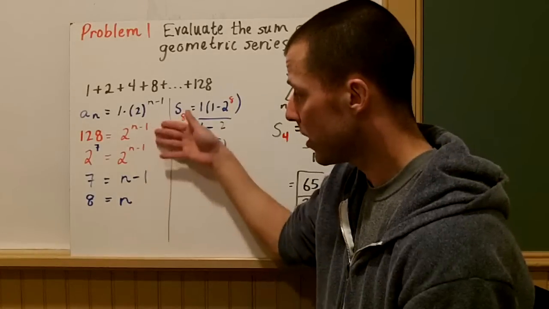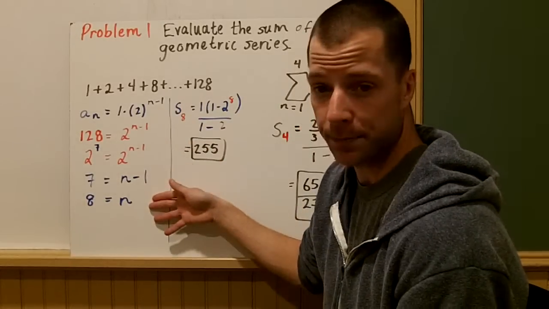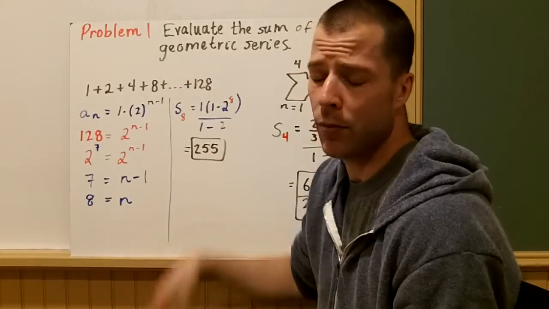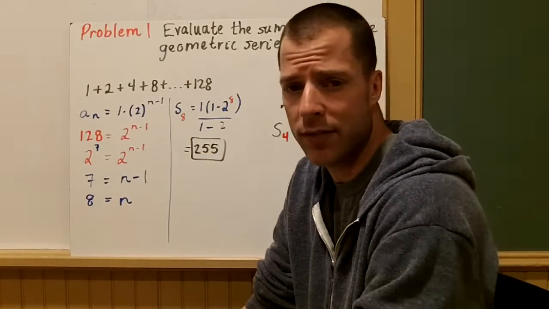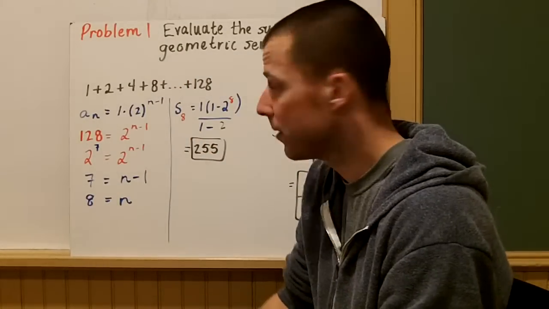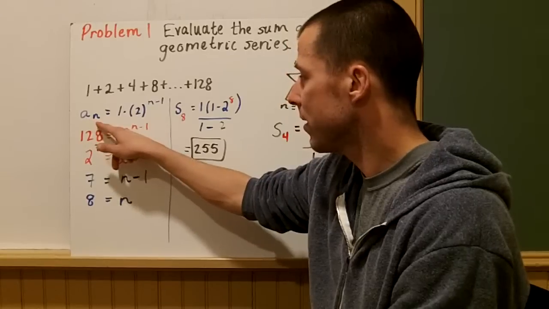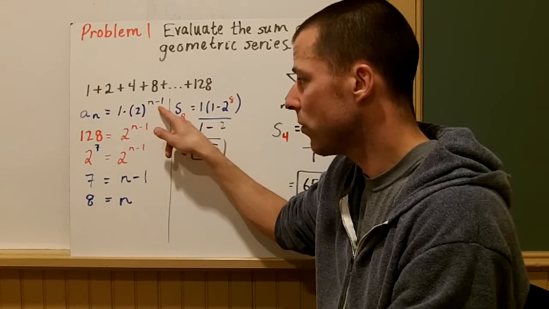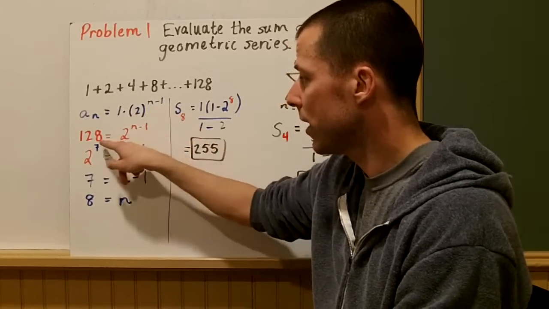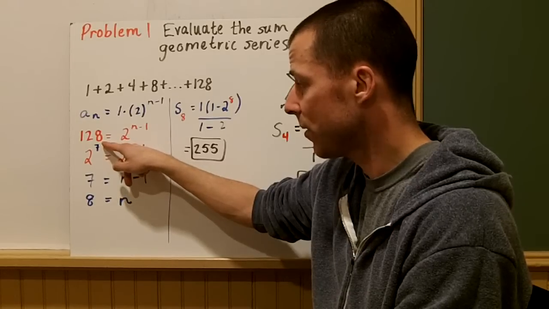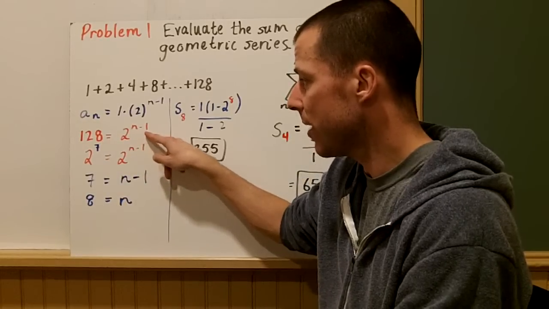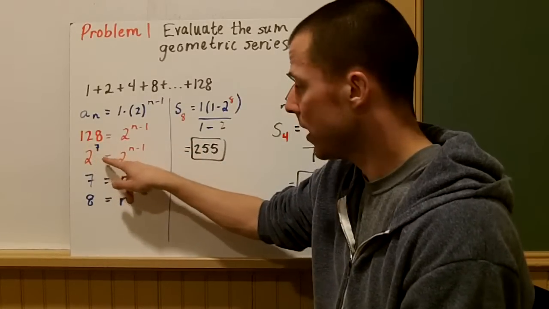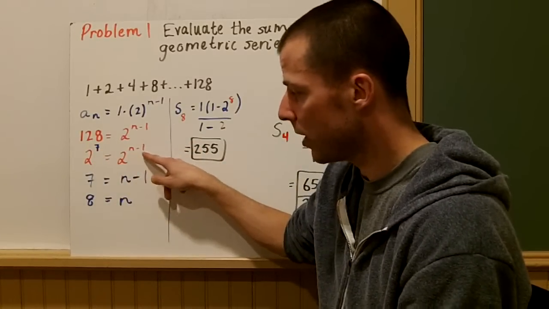You could also do this, and the reason why I set this up is if we have a lot more terms to deal with, it doesn't really give us an advantage to sit there and count on our hand. So we have a sub n is equal to 1 times the ratio to the n minus 1. So we know that 128, our last term, is equal to 2 to the n minus 1. 2 to the 7th is 128, and that's equal to 2 to the n minus 1.